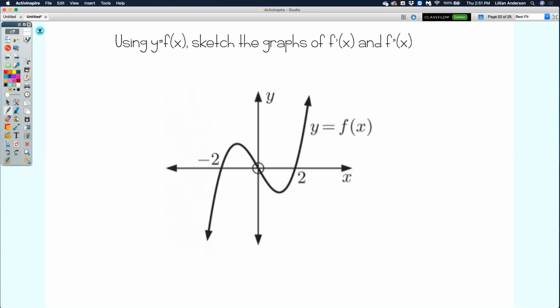No. Go ahead. Thought I heard something. It changes concavity. It does change concavity. Where? It starts out on the negative x, because I'm assuming it goes through the origin.